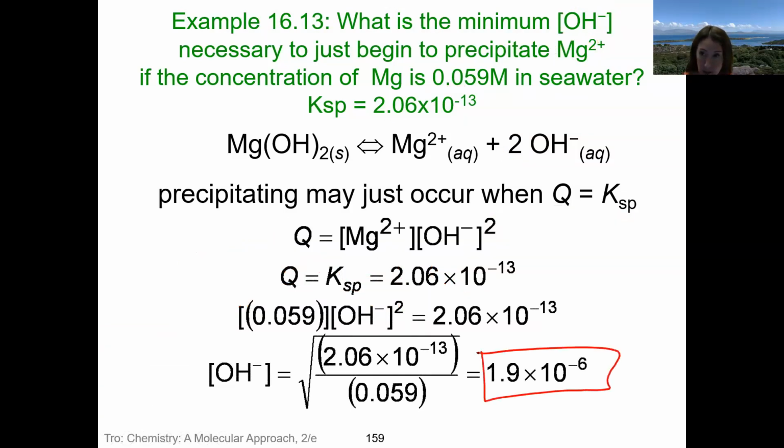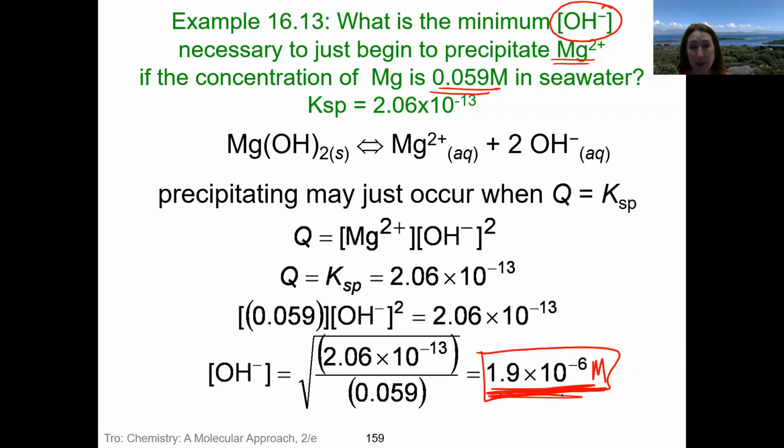Okay, so what does this mean? This means that the concentration of OH is 1.9 times 10 to the negative 6 when it just begins to precipitate. So when the concentration of magnesium is 0.059, the concentration of hydroxide is 1.9 times 10 to the negative 6.